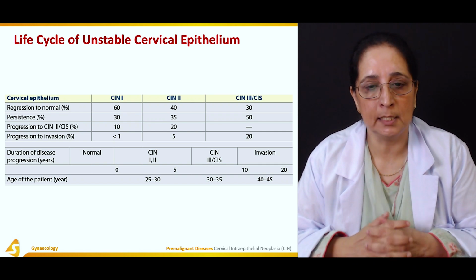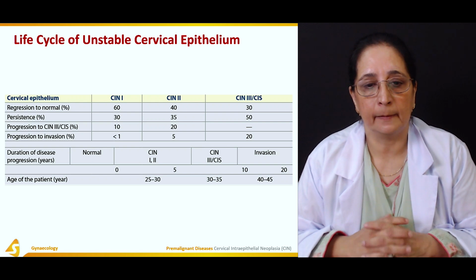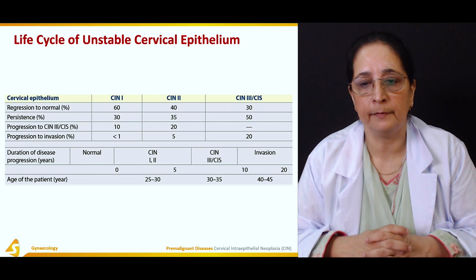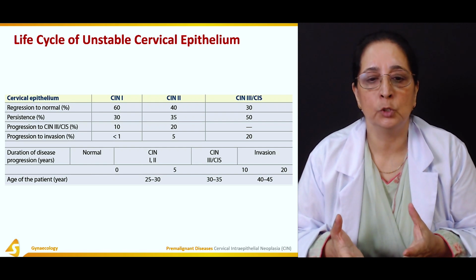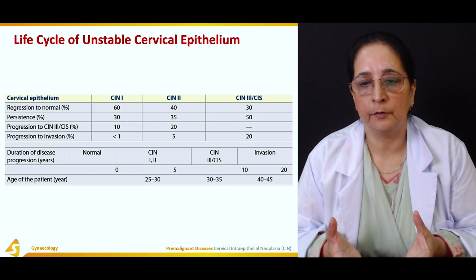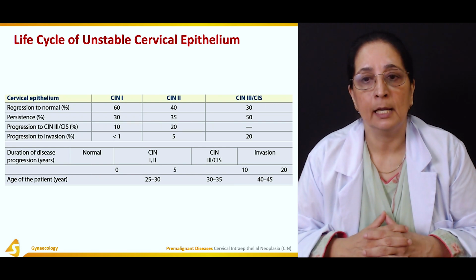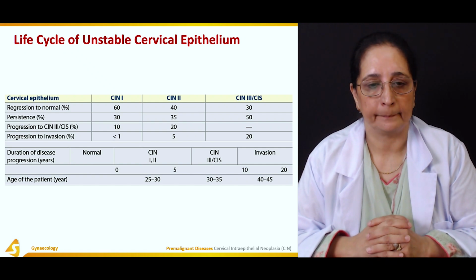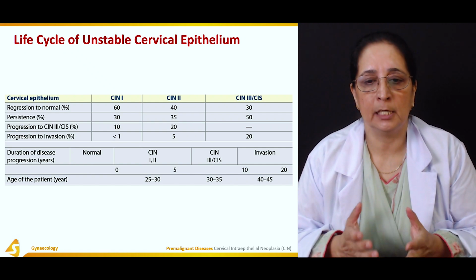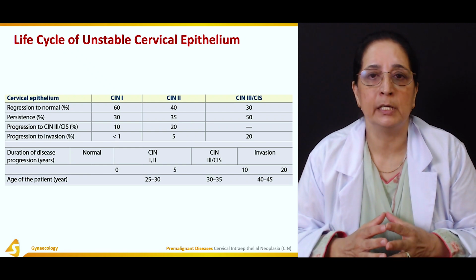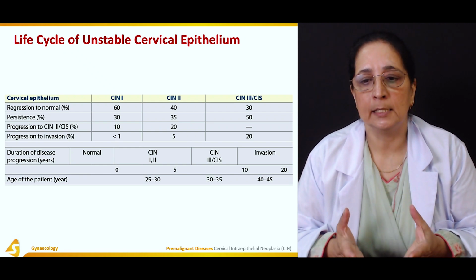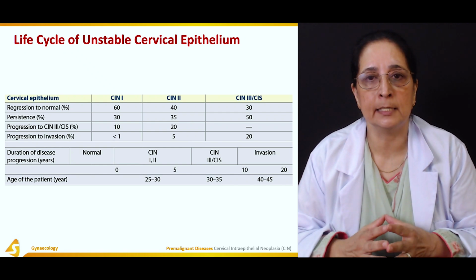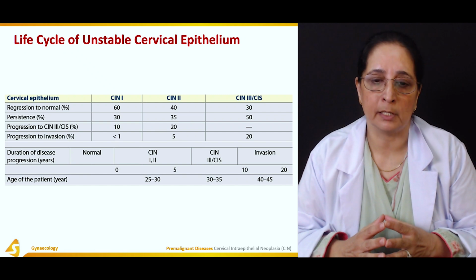Duration of disease progression is usually 5 years in types 1 and 2, about 10 in type 3, and about 20 in invasive cancer. Age of the patient in types 1 and 2 is 25 to 30, in type 3 it's 30 to 35 years, and in invasive cancer it's about 40 to 45.